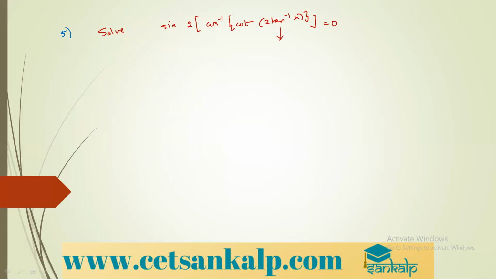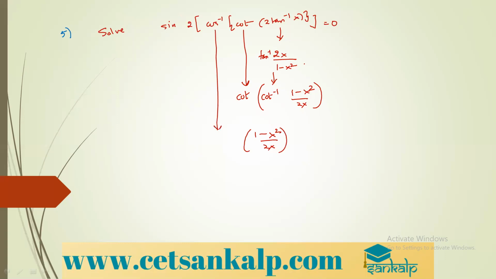So first, 2 tan inverse x I will write as tan inverse 2x by 1 minus x square. This is what I can write, which will be the same as cot inverse of 1 minus x square by 2x. All these are formulas. But outside you have this cot, so this will become just 1 minus x square by 2x. So now outside you have cos inverse.